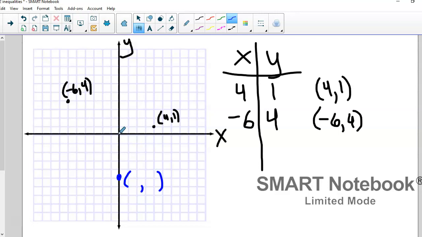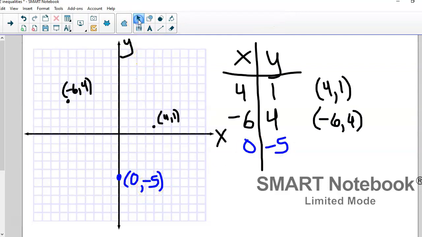That means we stay at 0 in the middle, so our x value is going to be 0. And then to get to this blue dot on the y-axis, it looks like we go down 1, 2, 3, 4, 5. So we go down 5, so -5. This point would be (0, -5).